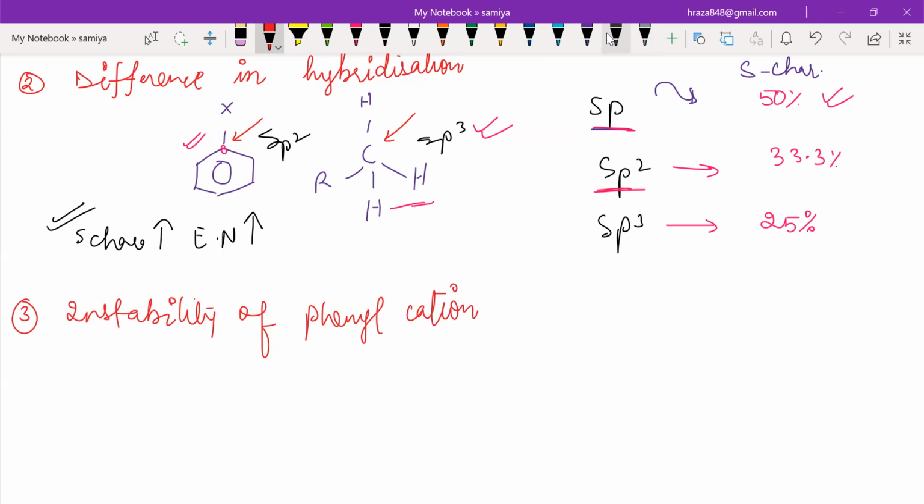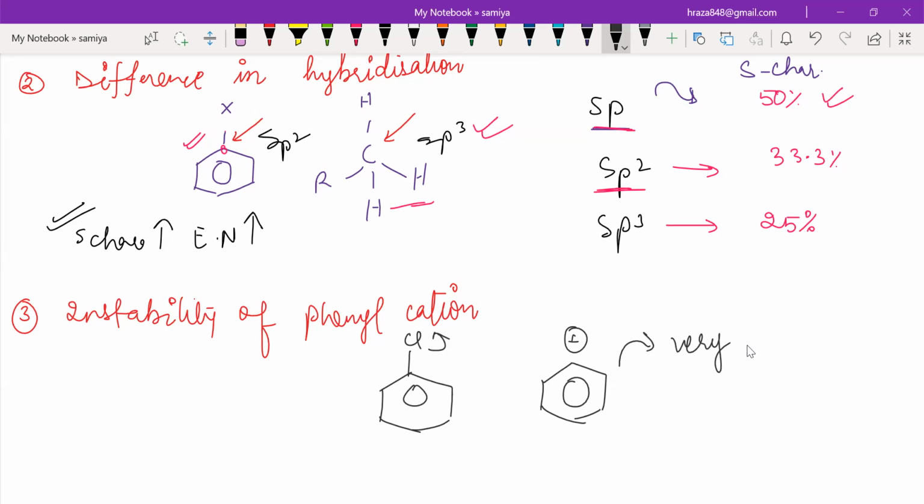So you can see that if you have an aryl halide and if chlorine goes, there will be a positive charge on this. Yes or no? So this is very unstable, which does not allow nucleophilic substitution reaction. Are you getting my point? Yes, sir. So please write these three.